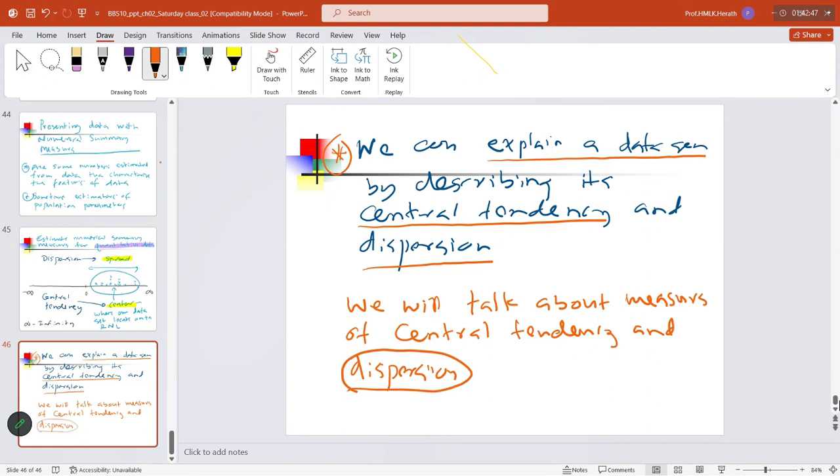Dispersion talks about the variability of data. Right? It talks about the variability of data. I hope it makes sense.